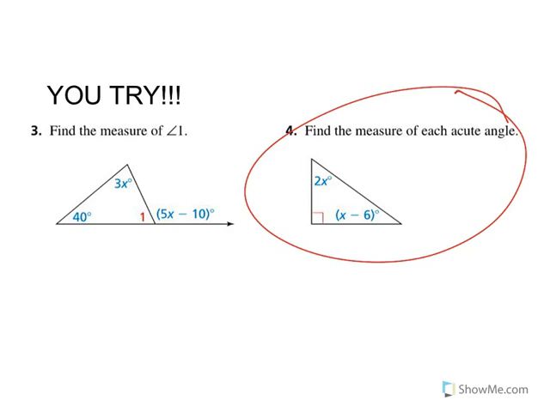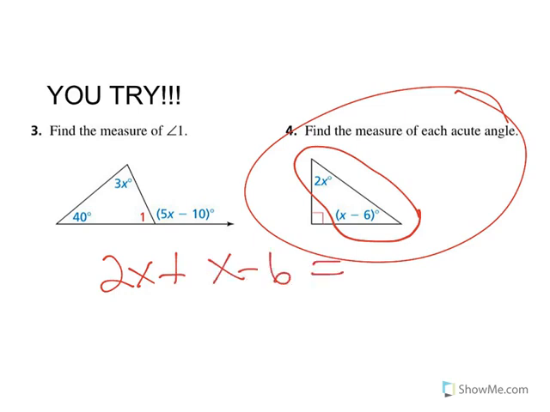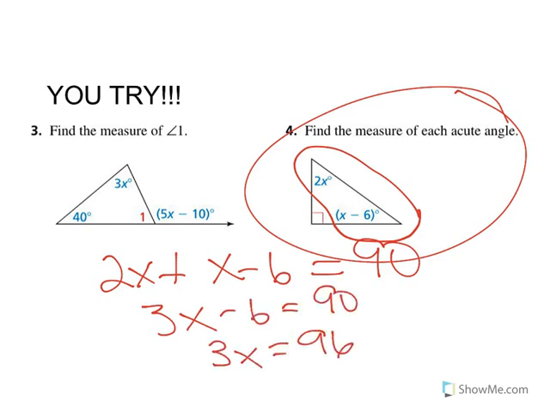So we have a right triangle. We know that because it gives us a little right mark. And so we know that therefore those 2 angles add up to be 90. So we can do 2x plus x minus 6 equals 90. 3x minus 6 equals 90. 3x equals 96.